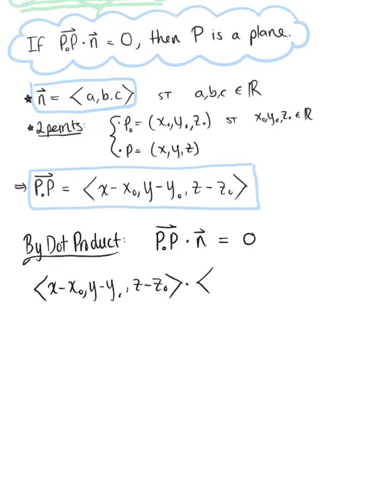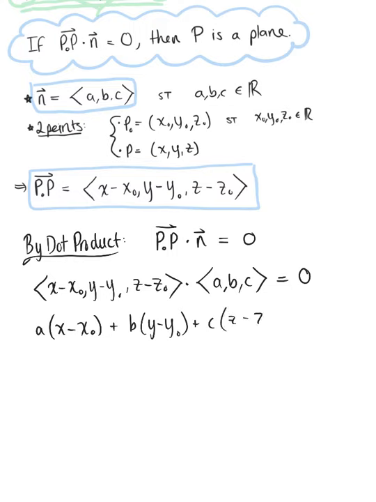And we're dotting this with the normal vector with the components a, b, c. So by the dot product, this becomes a times x minus x naught plus b times y minus y naught plus c times z minus z naught, and it's equal to 0.